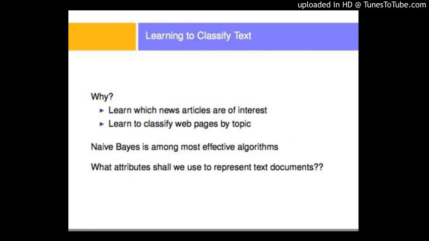That's 0 for n sub k. n sub k is the number of times the word that you're looking for, in this case loved, appears with the outcome that you want. That's 0 plus 1 divided by the total number of words for this outcome plus the size of the vocabulary, or the number of unique words. So I compute these probabilities for all the words given the negative case.